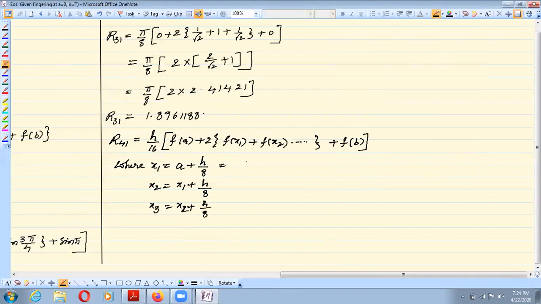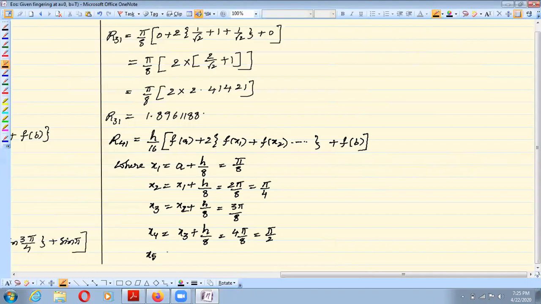We'll continue this one, h value 5 by 8, this is 2 pi by 8, that means pi by 4, this is 3 pi by 8, next x4, x3 plus h by 8, that is 4 pi by 8. Hence we can write pi by 2.